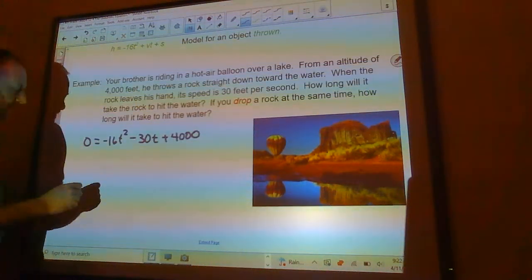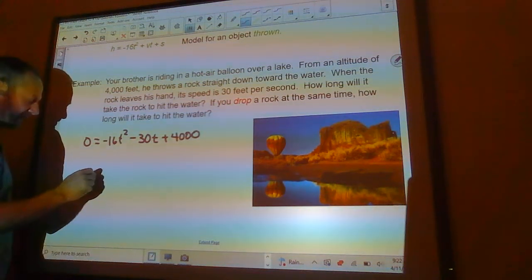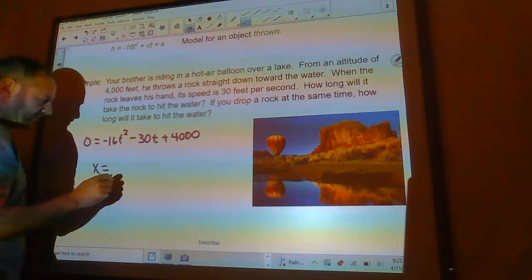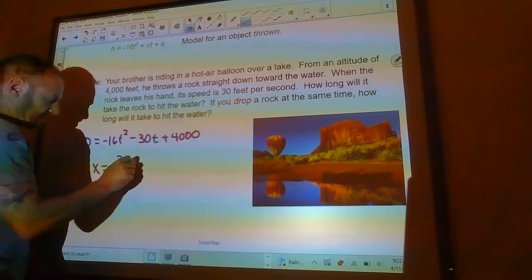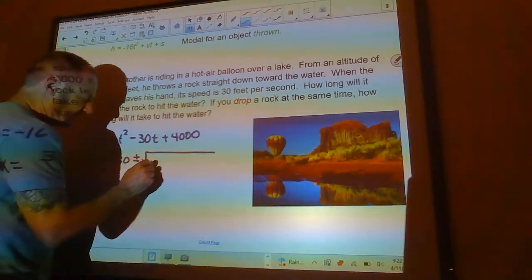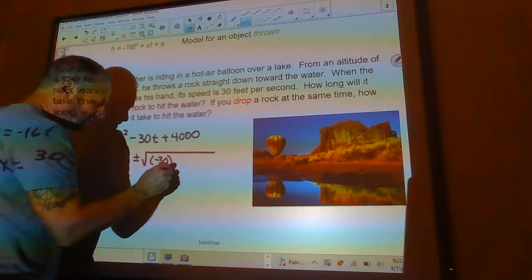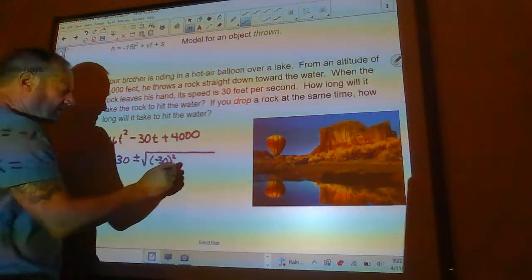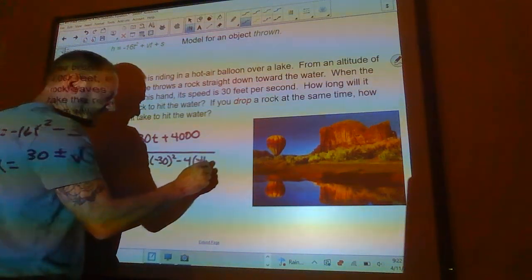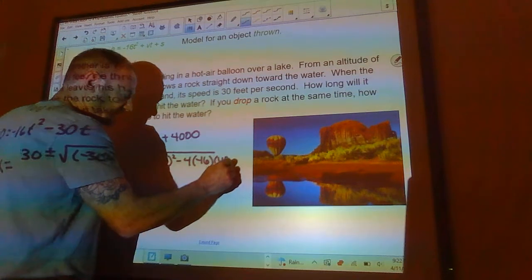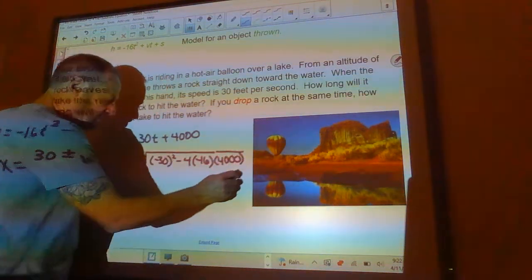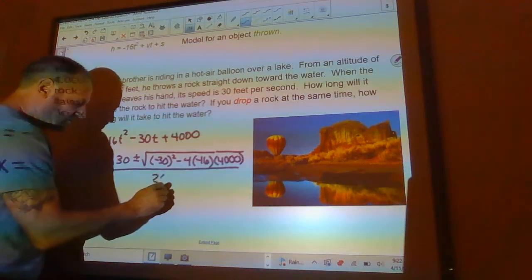Okay, so we're going to solve this with a quadratic formula. X equals negative b, that's 30, plus or minus the square root of negative 30 squared, that's b squared, minus 4 times a times c, all over 2 times a.